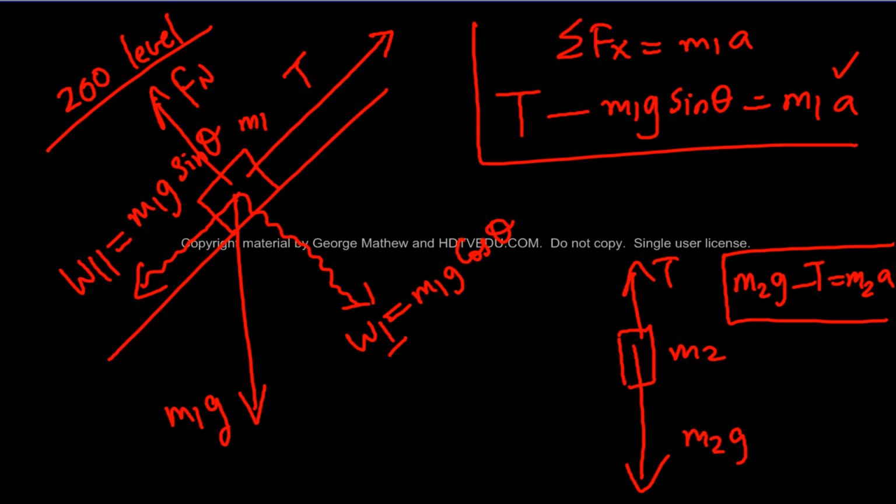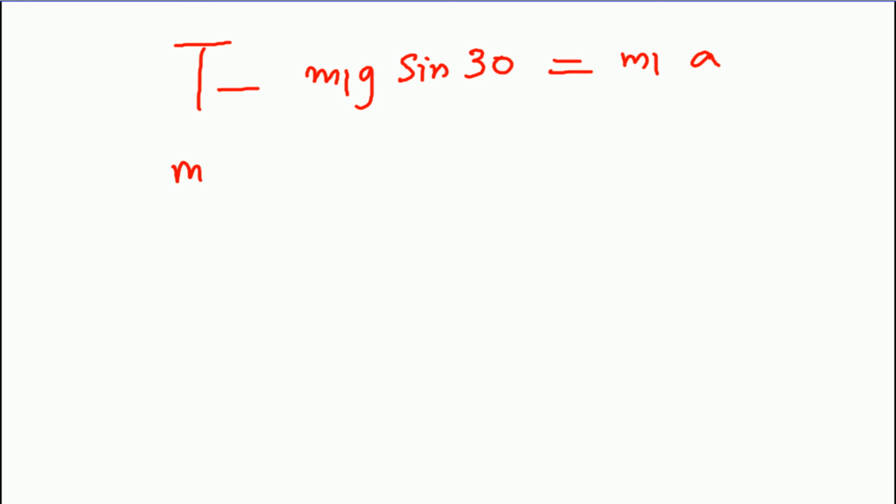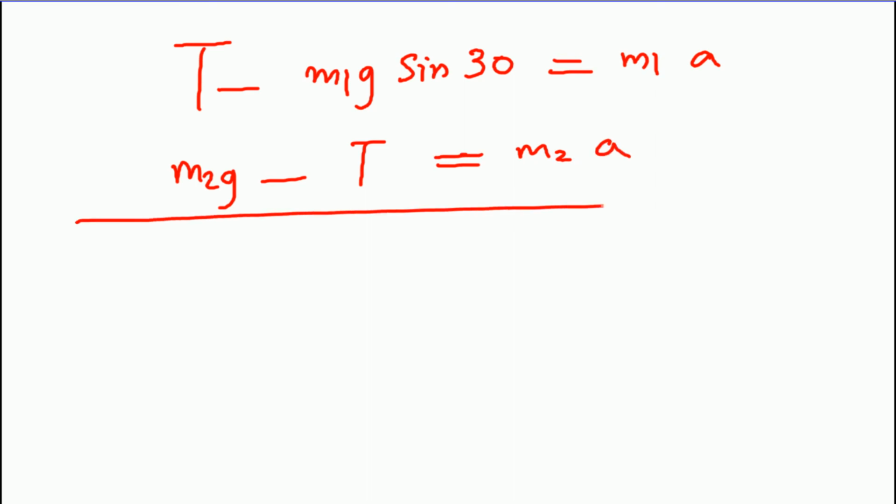For the mass M2, it is accelerating down. So which force is greater? Gravitational force is greater than tension. So you say M2G minus T equals M2A. So what do we have? T minus W parallel, W parallel is M1G sine 30, equals M1A, and M2G minus T equals M2A.